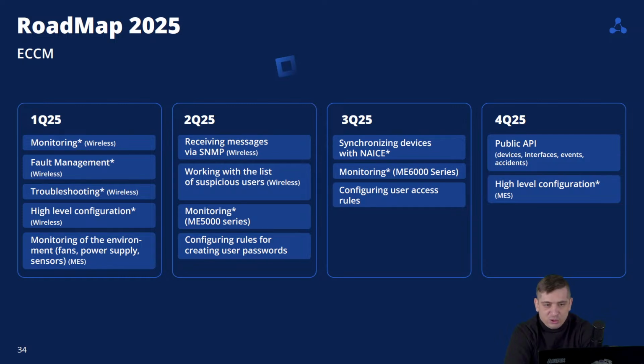In third quarter of 2025, along with release of ME6008, monitoring for these devices will also be added in ECCM functionality. And in fourth quarter of 2025, a high-level configuration for mesh switches for all of lineups will be added into ECCM.